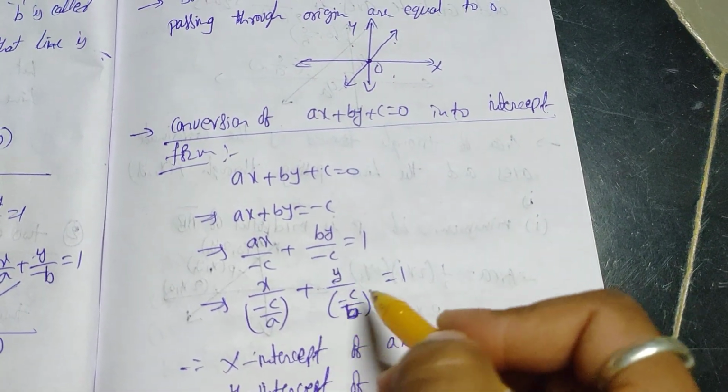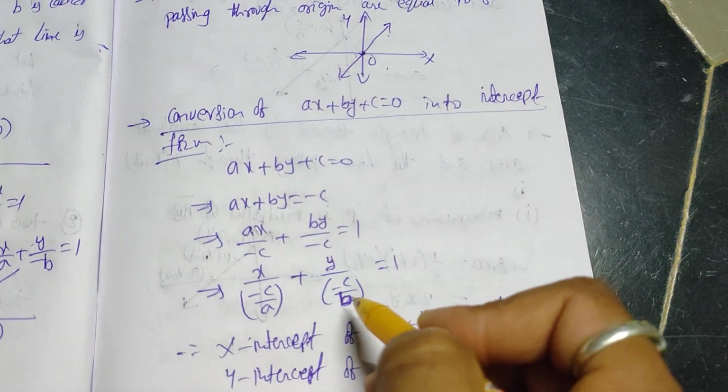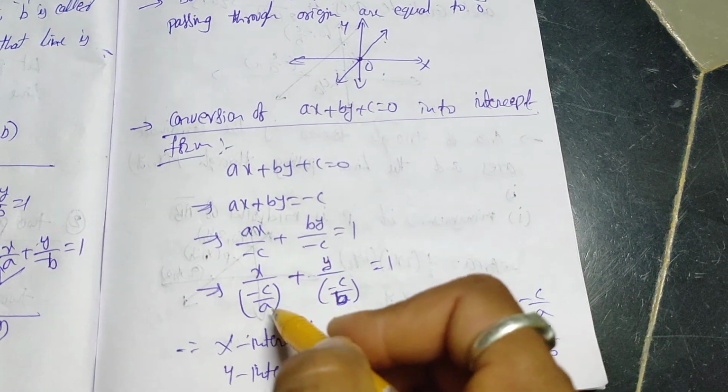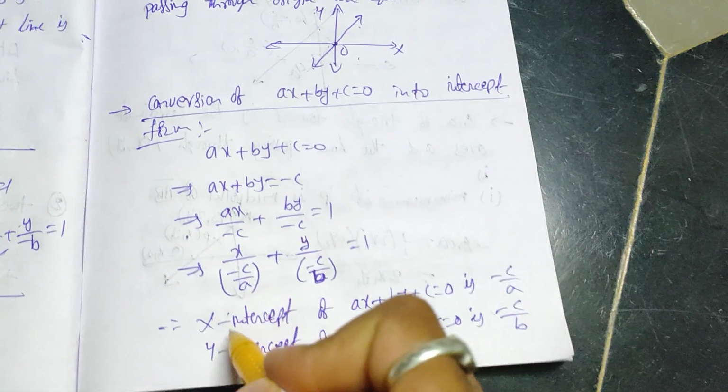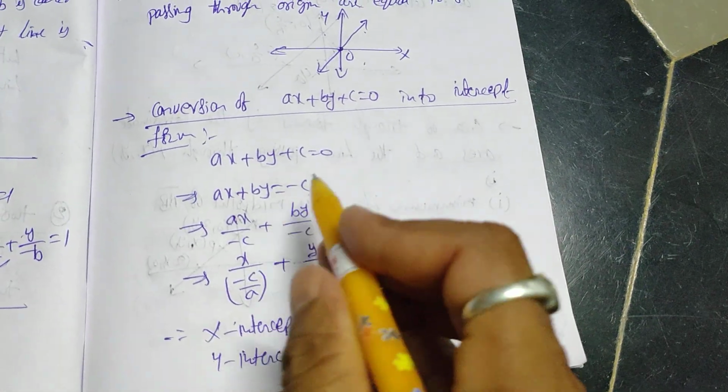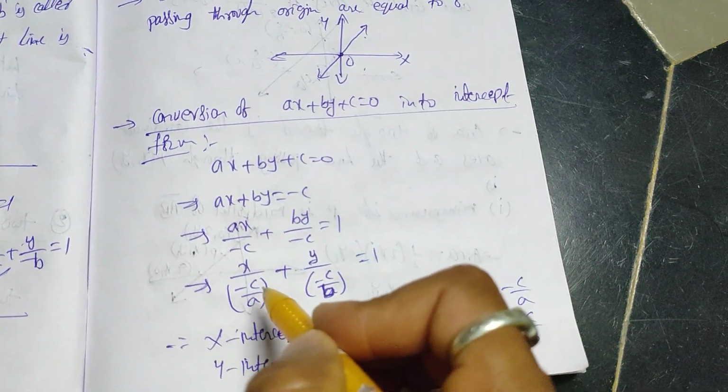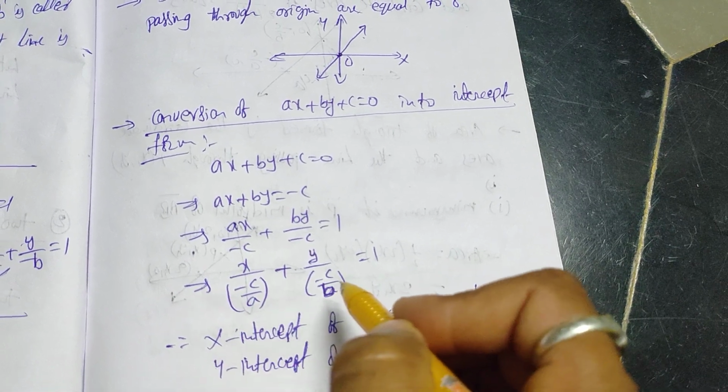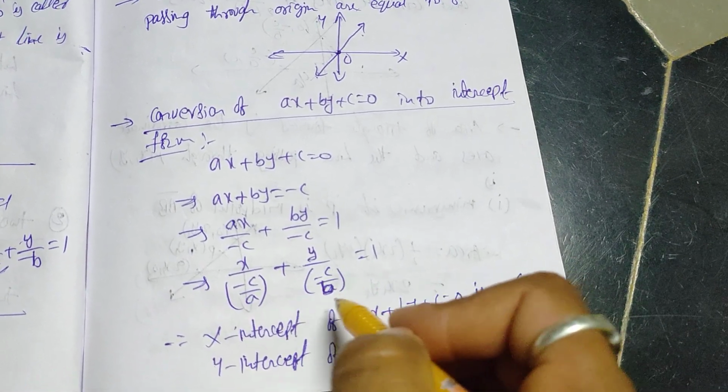So we can write x/(-c/a) + y/(-c/b) = 1. It is now in the form x/a + y/b = 1. Therefore the x-intercept of ax + by + c = 0 is -c/a, and the y-intercept of ax + by + c = 0 is -c/b.